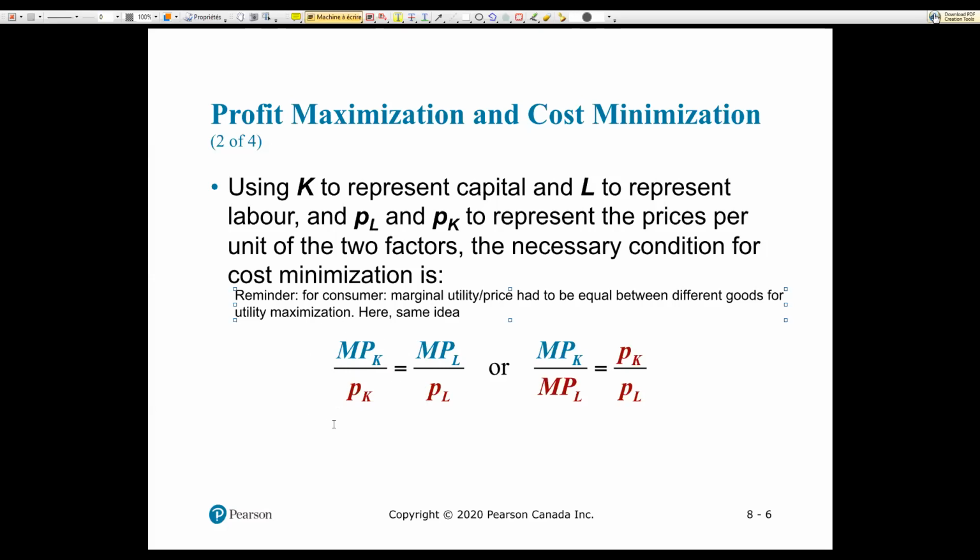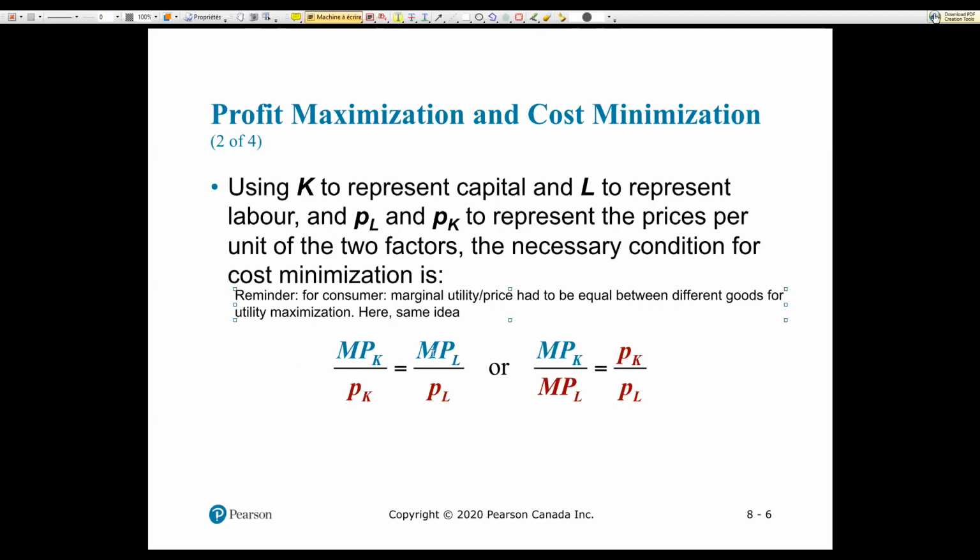That's what it means to be efficient. If that was not the case, then I should, for instance, buy fewer machines and hire more workers, or flip it around: hire fewer workers and buy more machines. And this is the idea behind efficiency.